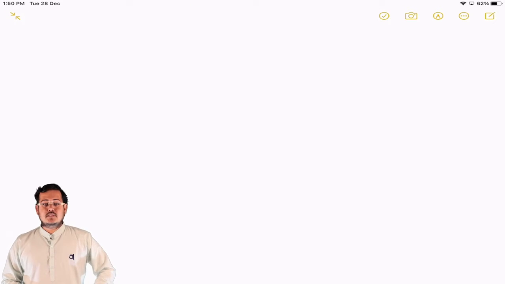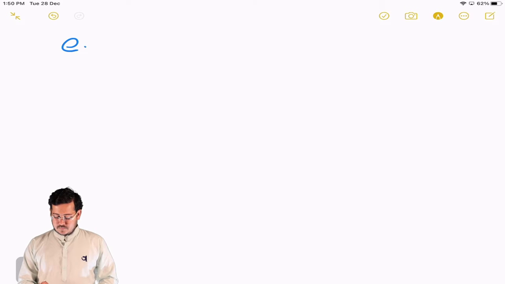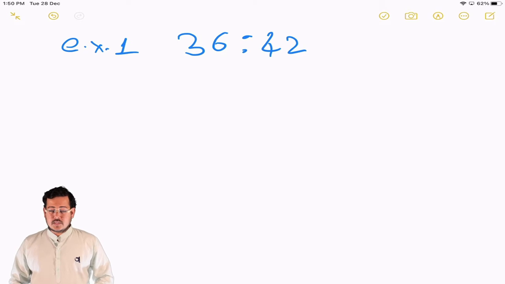So let me give one example. Example number 1. Express the given ratio, that is 36 is to 42, in the smallest term.